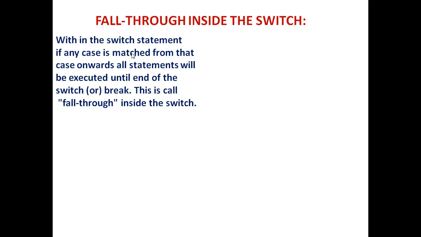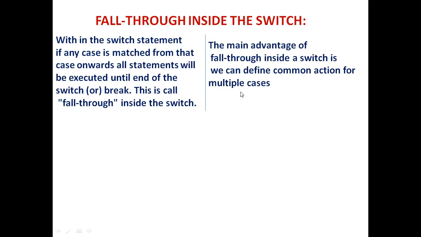So the main advantage of fall through inside a switch is we can define common actions for multiple cases. For example, we have a case where the marks of the student are 40, or 10, or 50. We will consider all these as a failure for a professional course. So we can define these cases from 1 to 50 and say that all these cases will be a failure.